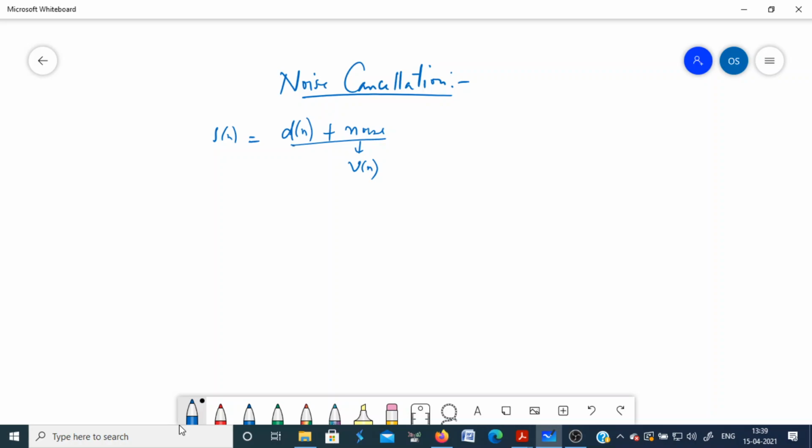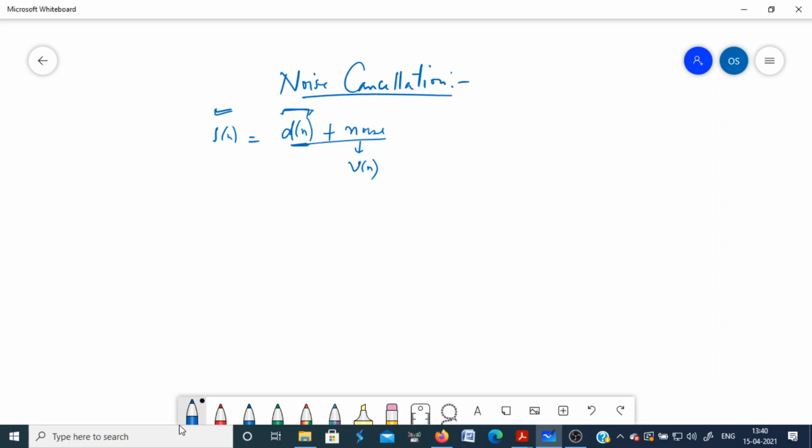So dn is the information bearing part and vn is the noise component. The problem is to estimate dn from sn. What you have at hand is sn, a corrupted signal, and you have to use a Wiener filter which gives you an estimate of dn from sn.